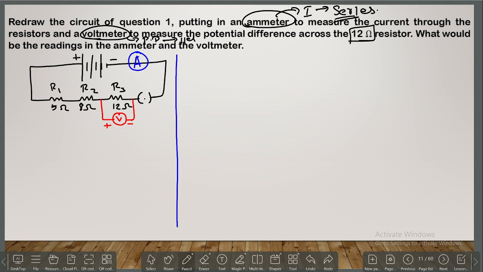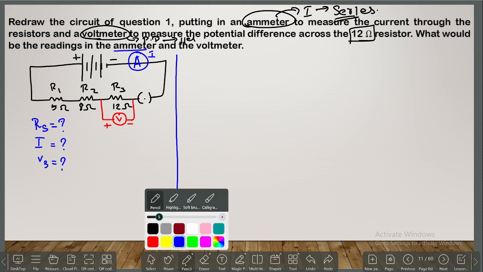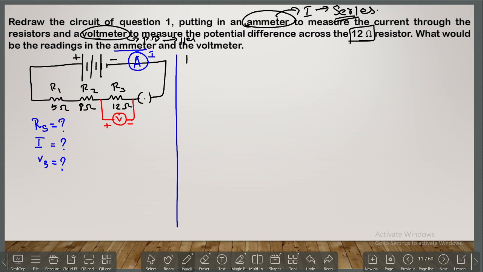In the question, what are they asking? What would be the readings in the ammeter? Readings in the ammeter means they are asking us to calculate the current value, that means I. And the voltmeter reading, that too across V3, we need to find. To find the current, first we need to calculate the net resistance. What is the formula to calculate the net resistance over here?